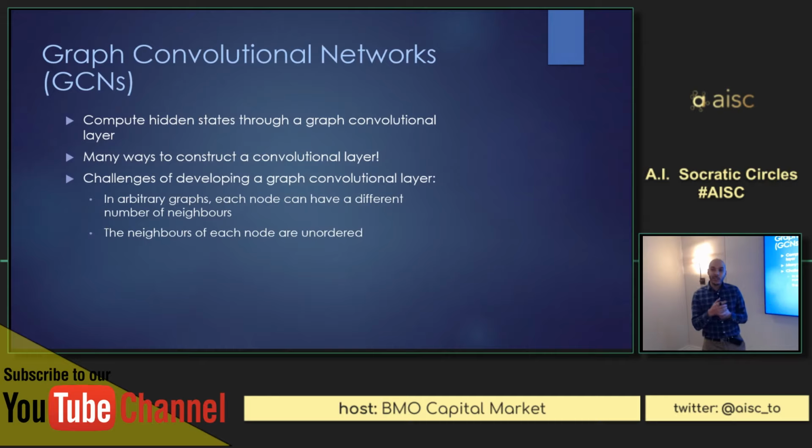Another problem, let's say all the nodes in the graph have 5 neighbors, it's still difficult to define a convolution layer on top of that because they're unordered. So in an image, you have the top left, the top right, the bottom left, the bottom right, the right, left, and so on. But in a network, the neighboring nodes are unordered. So how do you deal with that?